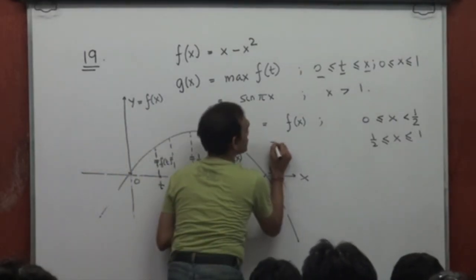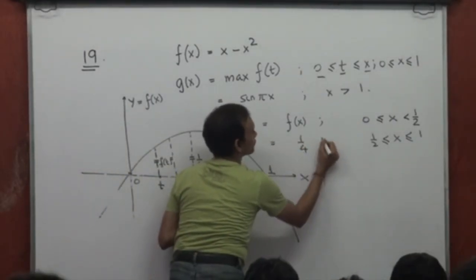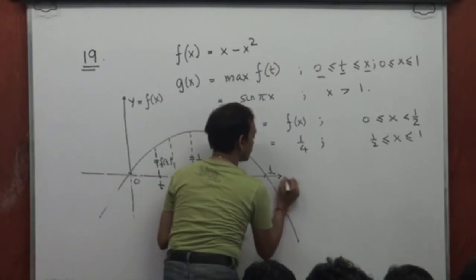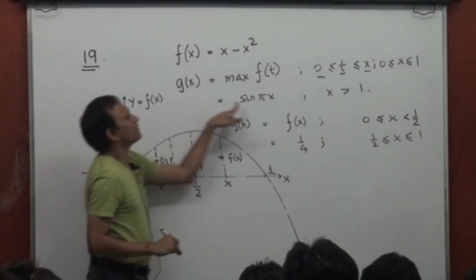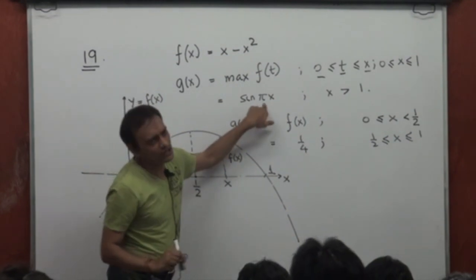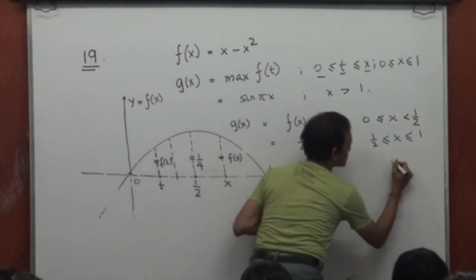So then g(x) would be 1/4. And when x is greater than 1, it goes like sine pi x anyway.